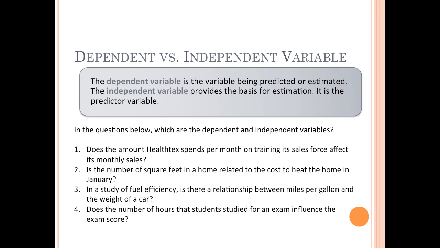Dependent versus independent variables. The dependent variable is the variable being predicted or estimated. The independent variable provides basis for estimation. It is the predictor variable. So, does the amount health tech spends per month on training its sales force affect its monthly sales?